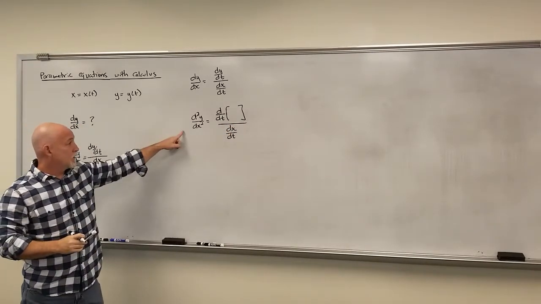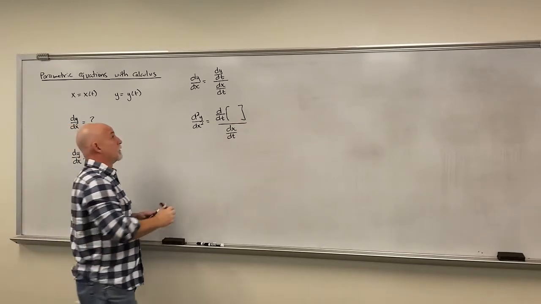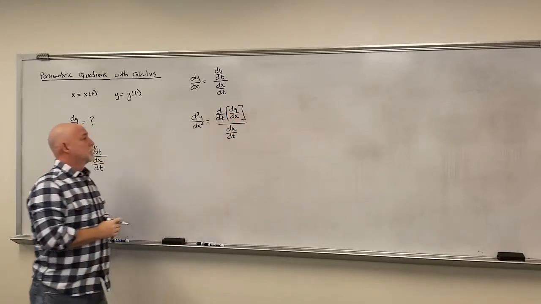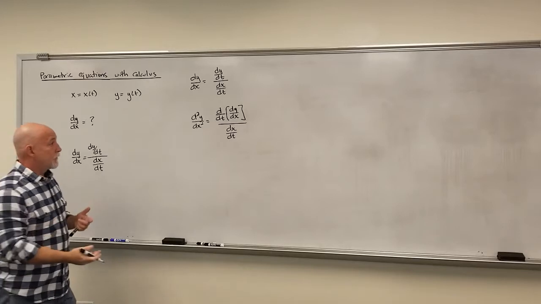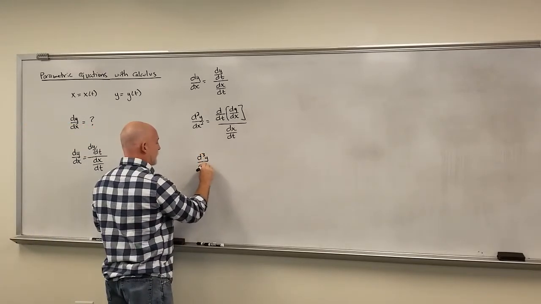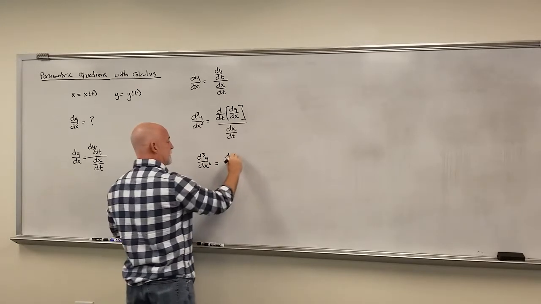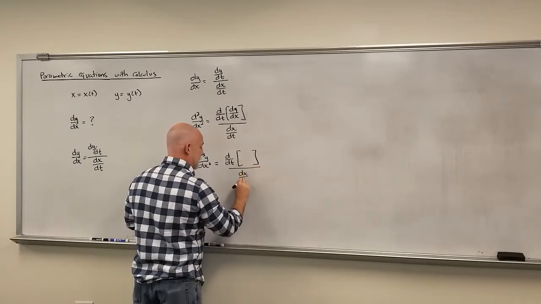But for our second derivative, what are we trying to find the derivative of? Well, the first derivative. So that would be dy/dx. And then the third derivative would be the same format. So the third derivative of y with respect to x: how do we take the derivative? We do the derivative with respect to t of what we want, and divide that by dx/dt.